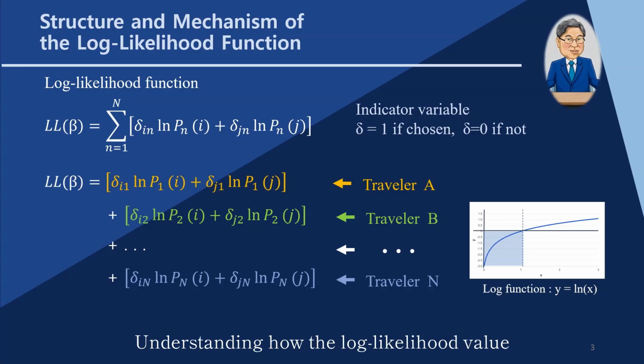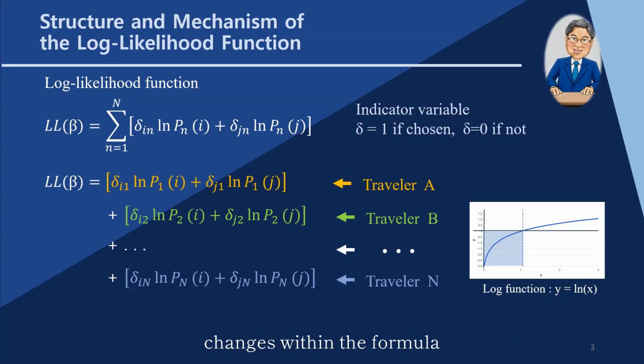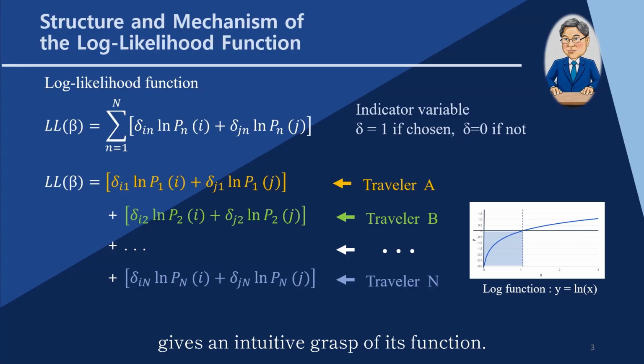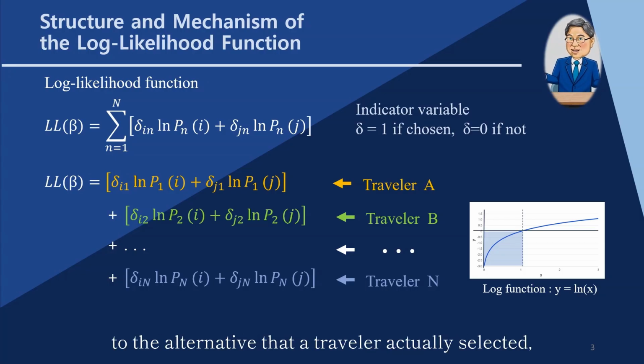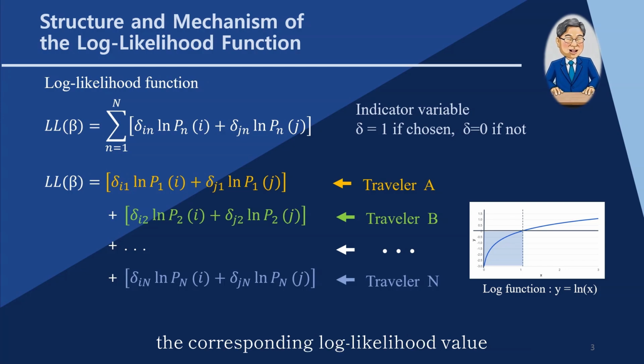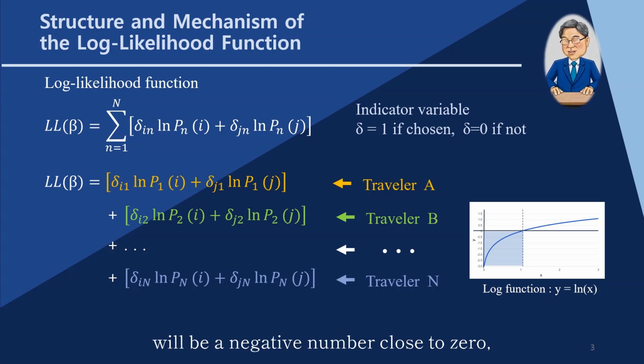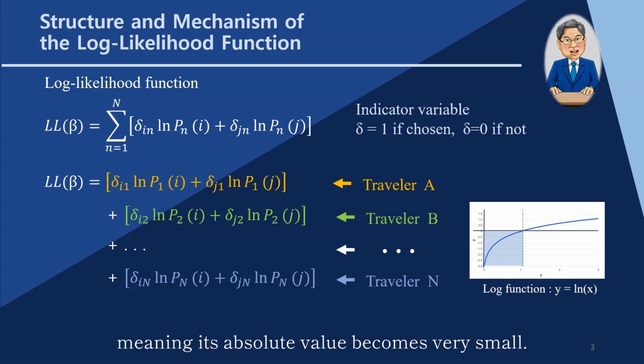Understanding how the log likelihood value changes within the formula gives an intuitive grasp of its function. If the model assigns a high probability to the alternative that a traveler actually selected, the corresponding log likelihood value will be a negative number close to 0, meaning its absolute value becomes very small.